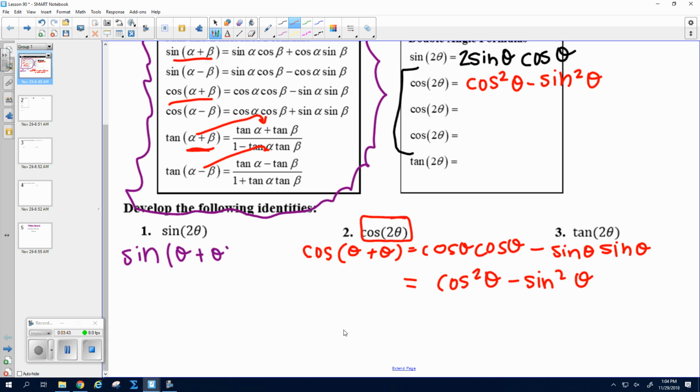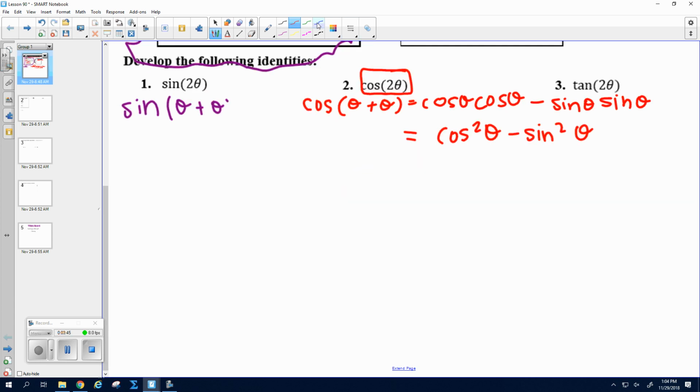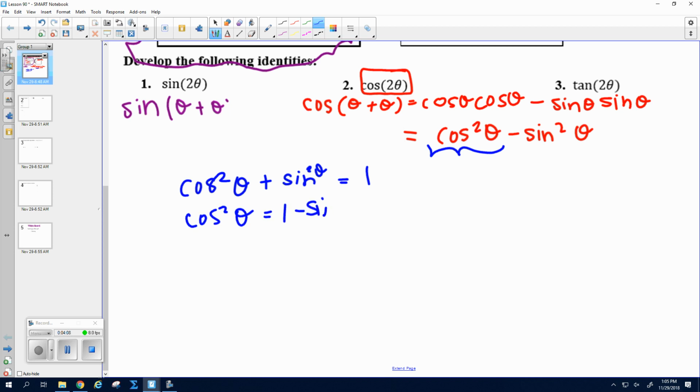So the way that we get the other 2 formulas for this one is we go back to our best friend, cosine squared theta plus sine squared theta equals 1. So I could replace cosine squared theta with, if I subtract the sine right here, then cosine squared theta is equal to 1 minus sine squared theta. So I'm going to replace this right here with 1 minus sine squared theta, and then I still have a minus sine squared theta.